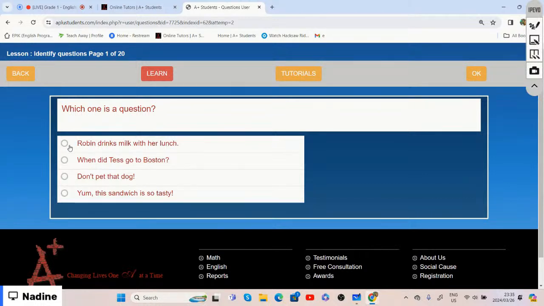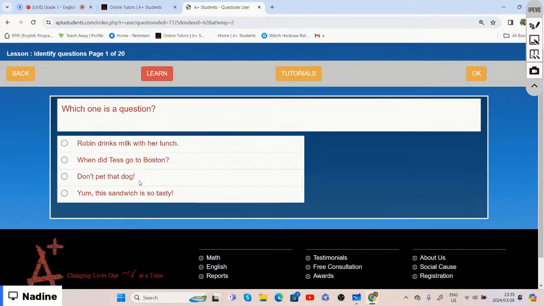The first one says, Robin drinks milk with her lunch. The second, When did Tess go to Boston? Number 3 says, don't pet that dog. And the fourth one is, yum, this sandwich is so tasty.